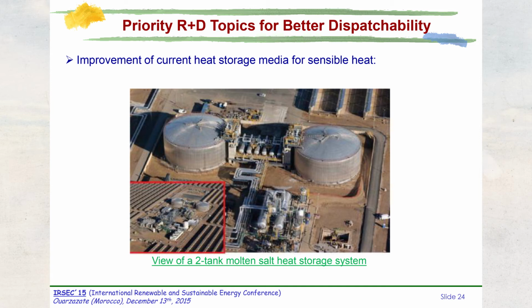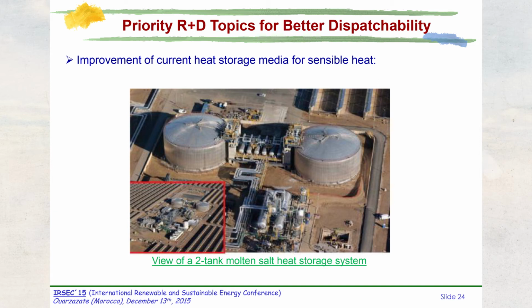But we can also improve this system significantly. How? First of all, by improving the salts, because the molten salts we are using now are not, let's say, perfect from a thermal standpoint.